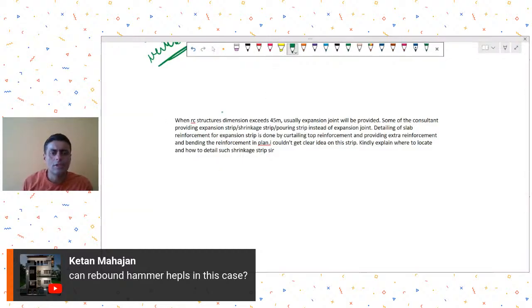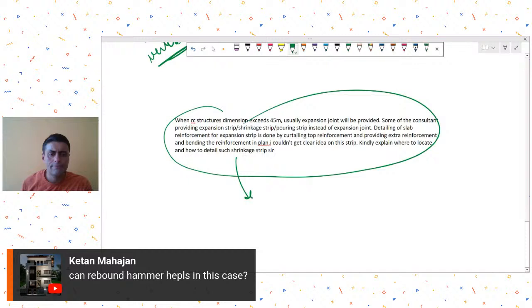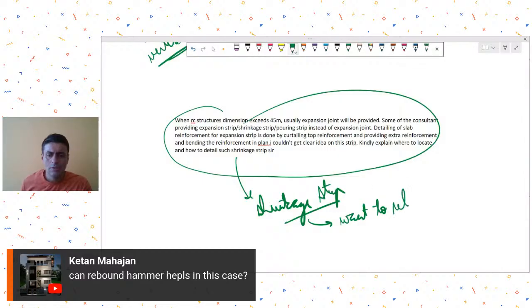So see, shrinkage strips can be provided where, number one, as you just said, you want to relieve temperature stresses. It's sort of a structural fuse. Or in fact, we will not call it a shrinkage strip in that case, we will call it a pour strip.